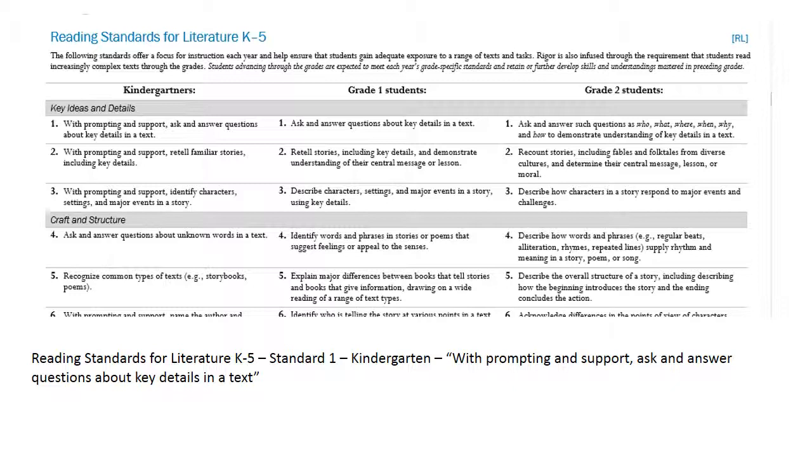And if you look up at number 1, you can see that's where I derived that language, in the kindergarten column under standard number 1. So when you're writing your standard in your lesson plan, please be sure to say whether it's a reading standard, a math standard, whatever it is, the body of standards it comes from, for literature K-12, the standard number, and the age level or grade level, kindergarten, that it's appropriate for.